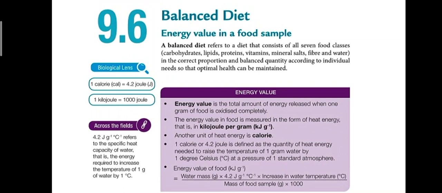Energy value is the total amount of energy released when 1 gram of food is oxidized completely. Energy value in food, kita measure dalam bentuk heat energy, iaitu dalam unit kilojoule per gram, kJ per gram. Selain daripada kilojoule per gram, heat energy juga diukur dalam unit calorie.